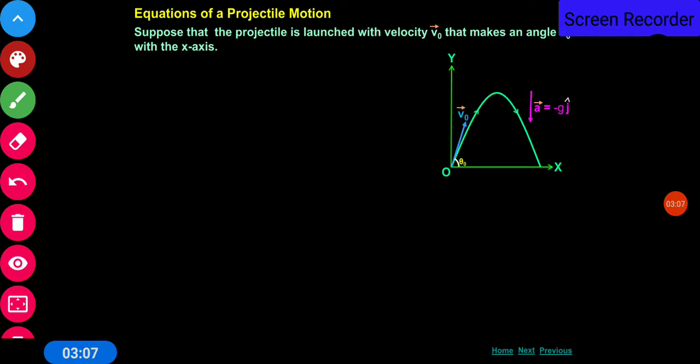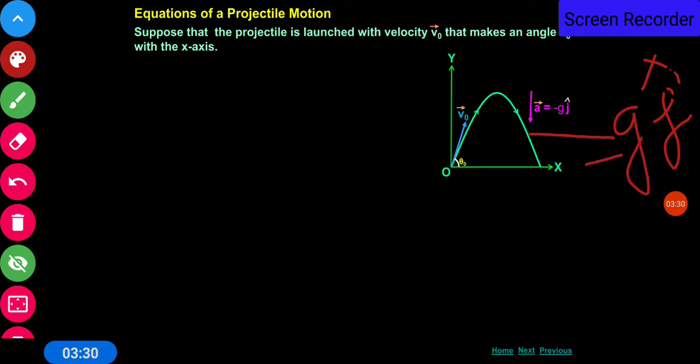Now acceleration always acts in the downward direction, that is along the y-axis. So we can say that vector a is equal to minus g j cap, because along the y-axis the unit vector is j cap, and it is minus g because it is in the downward direction.